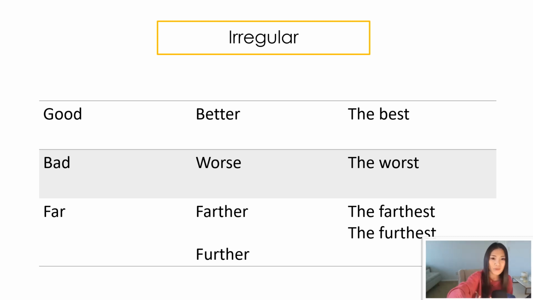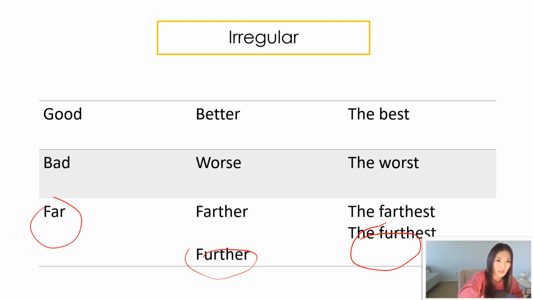And then here I put this as well, because the base word far applies for both of these. What do you think the difference is between "farther" with an A and "further" with a U?